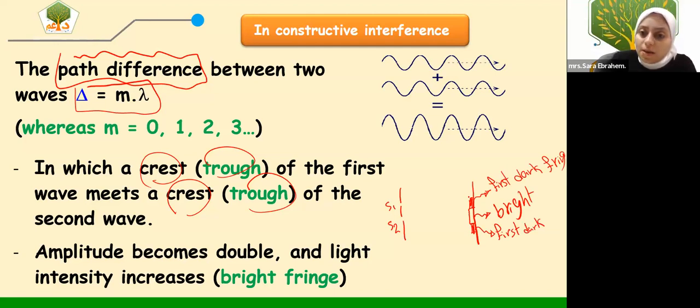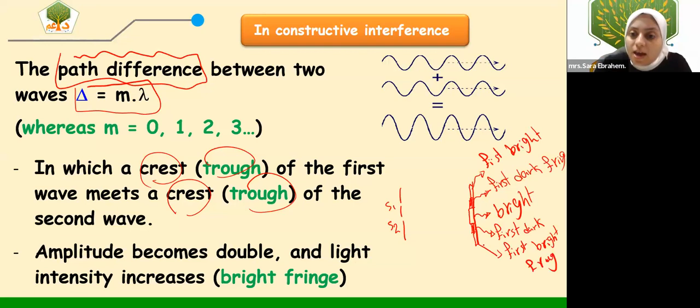Then bright fringes on both sides, that's called the first bright fringe, and this is also the first bright fringe.